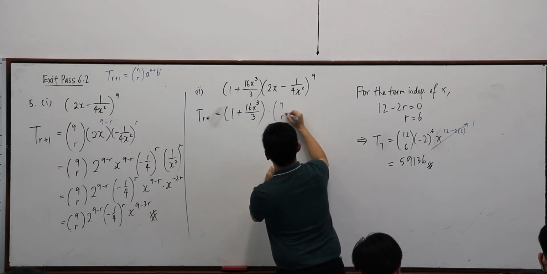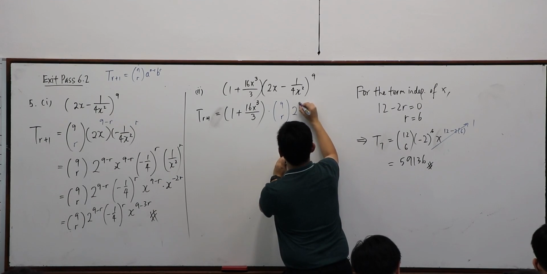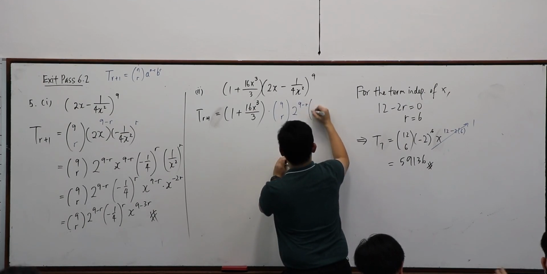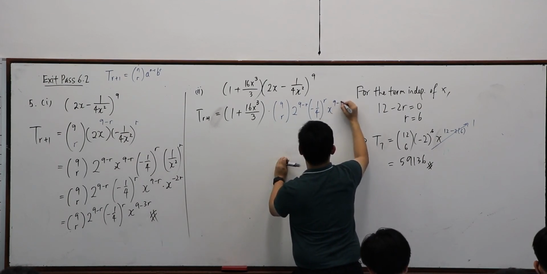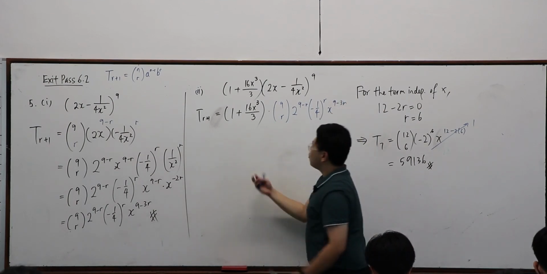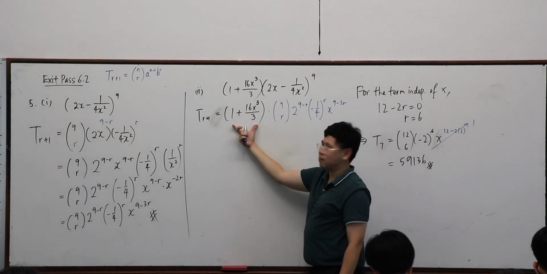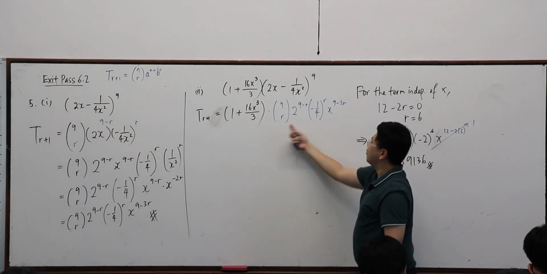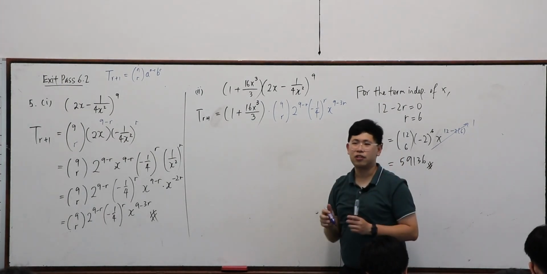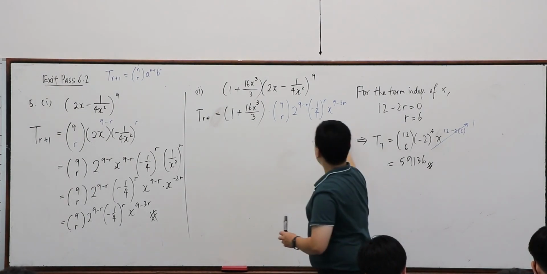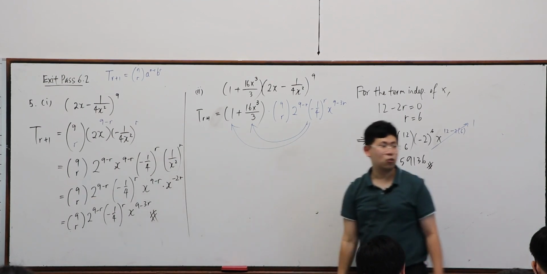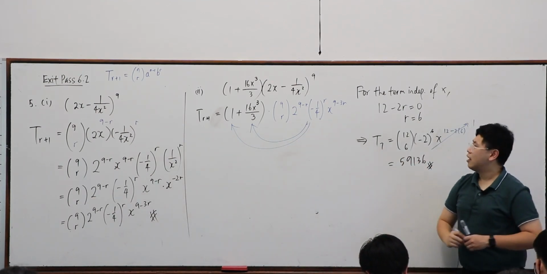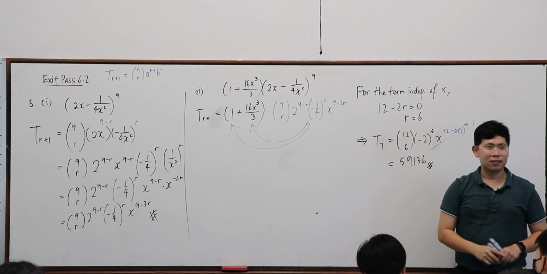So this is 9 choose r, 2 to the power of 9 minus r, negative 1 over 4 to the power of r, and x to the power of 9 minus 3r. It is the black part multiplied by the general form over here. So this is one whole chunk: this thing times 1, and this thing times the second one. We need to do something like this.